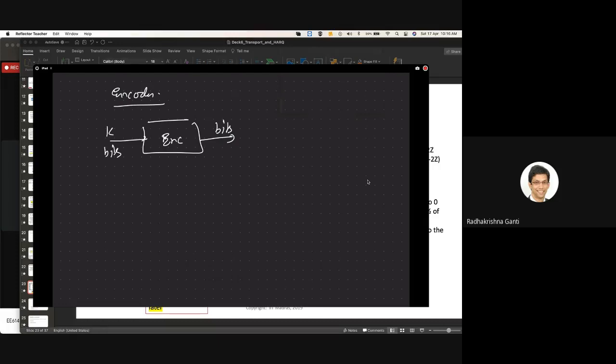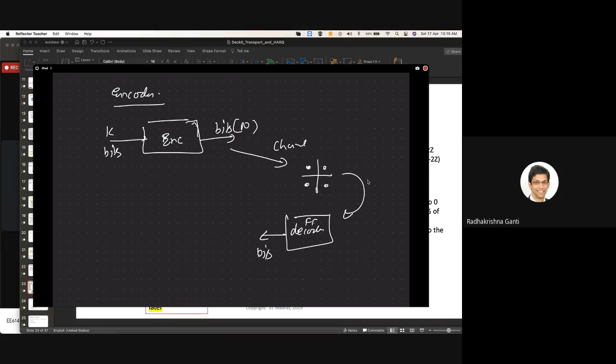It takes k bits and gives you n bits. Then you transmit this on the channel, and you receive your constellation points. From the constellation points, you try to decode bits. You pass it through your decoder and you get your bits. This is the FEC decoder.